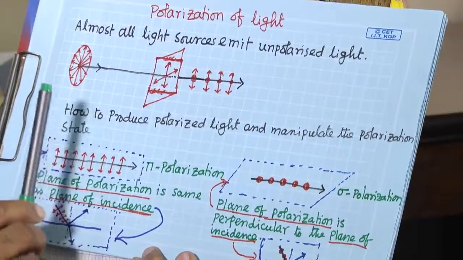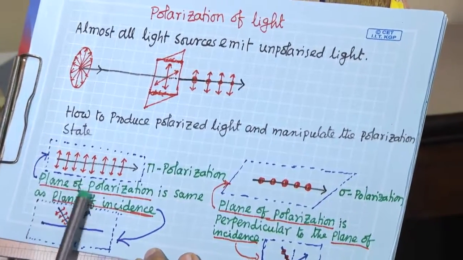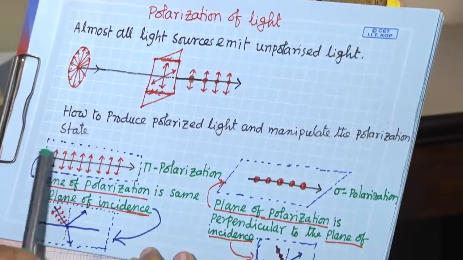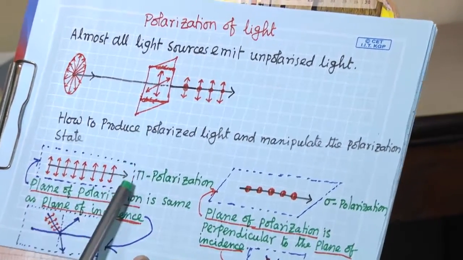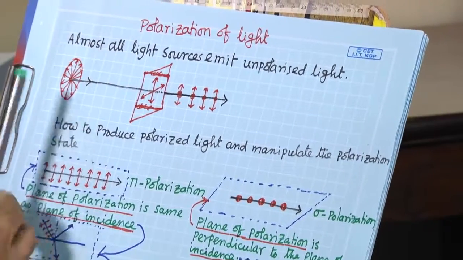If the plane of polarization is the same as the plane of incidence, then we call it pi polarization. Light falls and is refracted or reflected, with a normal, and that defines the plane of incidence.